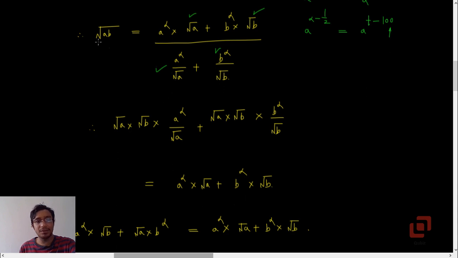The first term will be root of ab into a to the power alpha upon root a. The second term will be root of ab into b to the power alpha upon root b, so root b gets cancelled. And so our new LHS is root b a to the power alpha plus root a b to the power alpha. RHS is still this particular numerator.